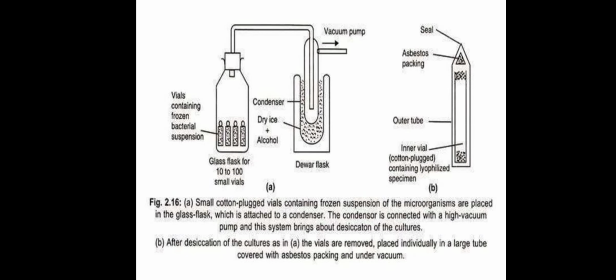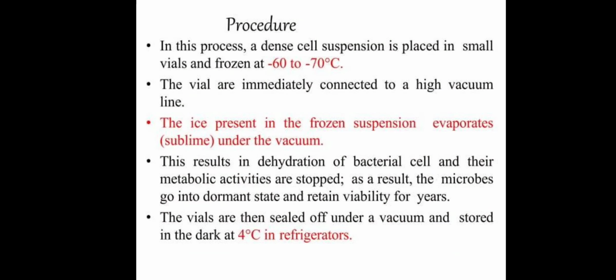The condenser is connected to a high vacuum pump and the system begins drying the cultures. In this process, a dense cell suspension is placed in a small vial and frozen at minus 60 to minus 70 degrees Celsius. The vials are immediately connected to a high vacuum line. The ice present in the frozen suspensions sublimes.